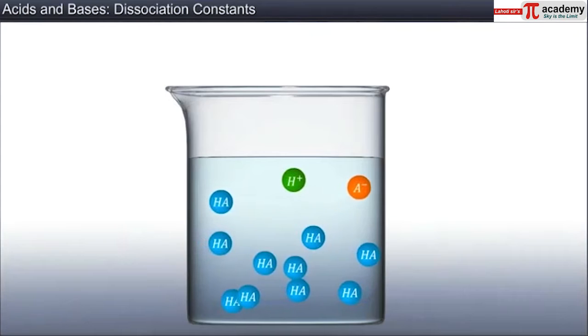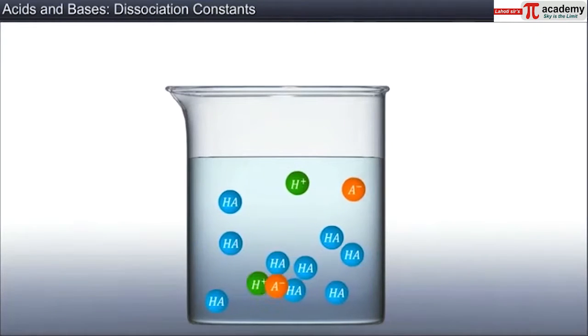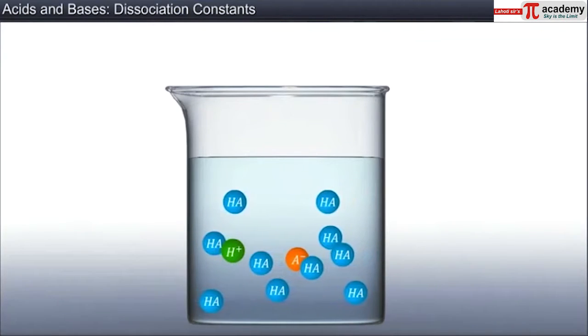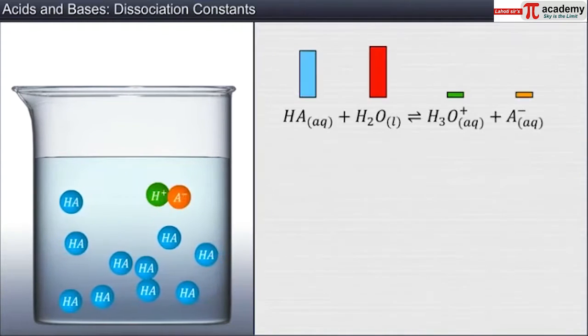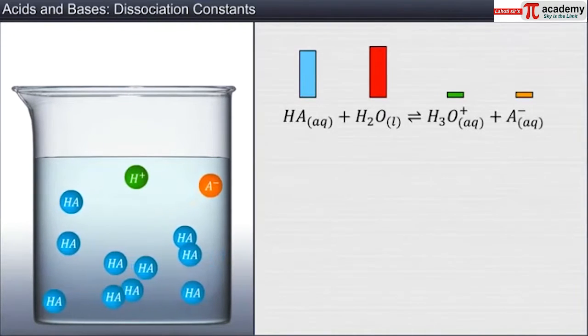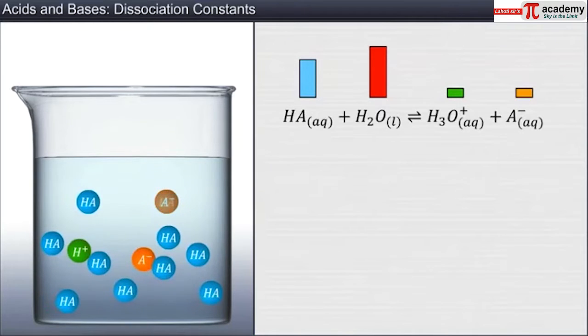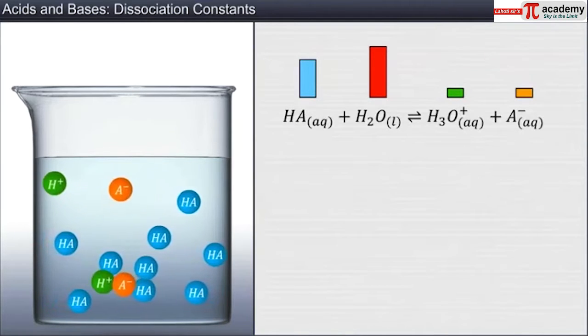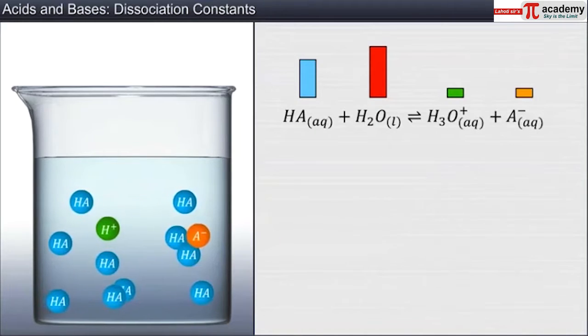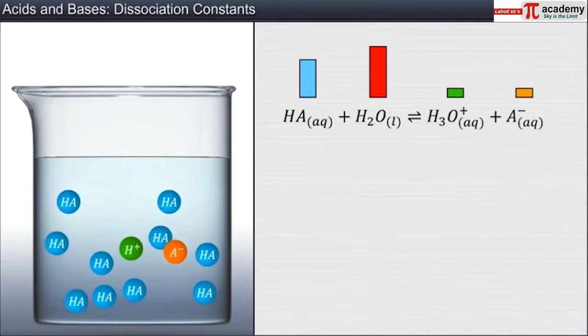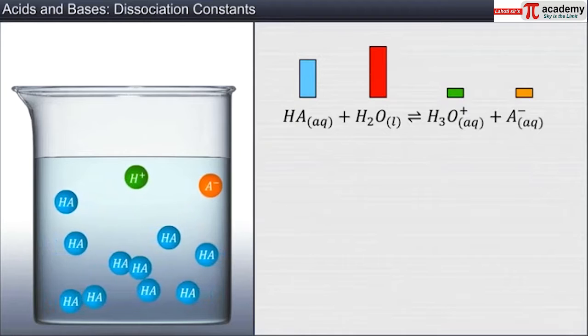Consider the dissociation of weak acid HA in water to derive the expression for its dissociation constant. As we know, weak acids dissociate to a very limited extent in water. Equilibrium between the dissociated ions and undissociated molecules is established soon.